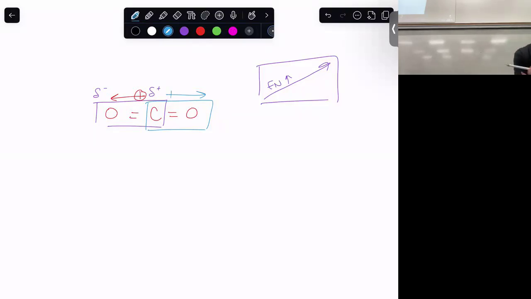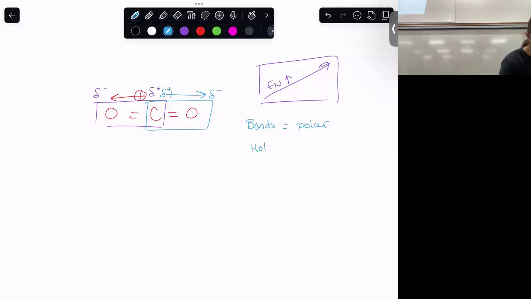That's going to leave the carbon slightly positive, slightly negative here. So overall, the bonds between carbon and oxygen are polar. They have differences in electronegativity, and the electrons are going to be spending their time on the oxygens. So in this case, bonds equal polar.